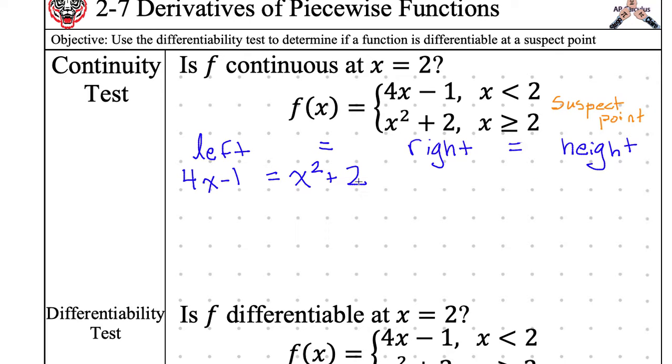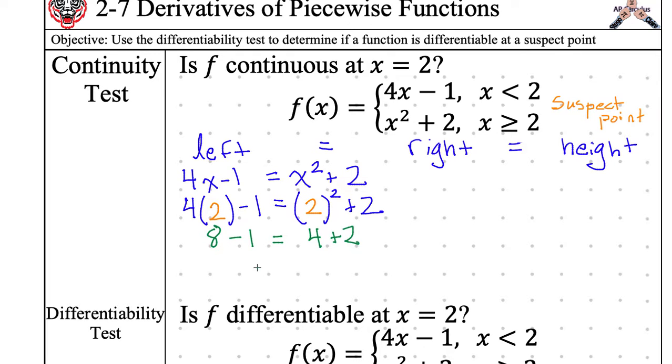It's a gap. So this is going to be 4 times the quantity of 2 minus 1 needs to be equal to 2 squared plus 2. And then finally when I do that, I get 8 minus 1 is equal to 4 plus 2, and therefore 7 is equal to 6.